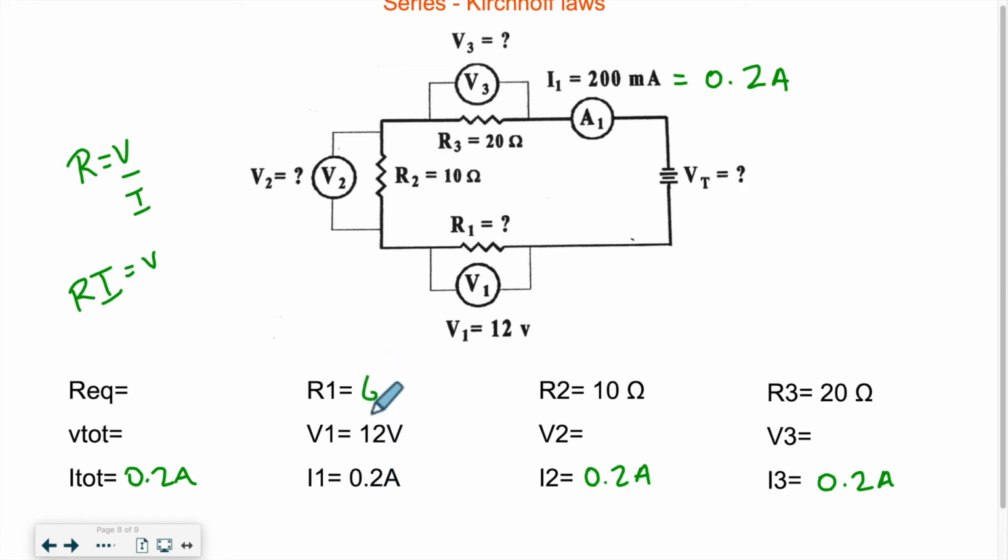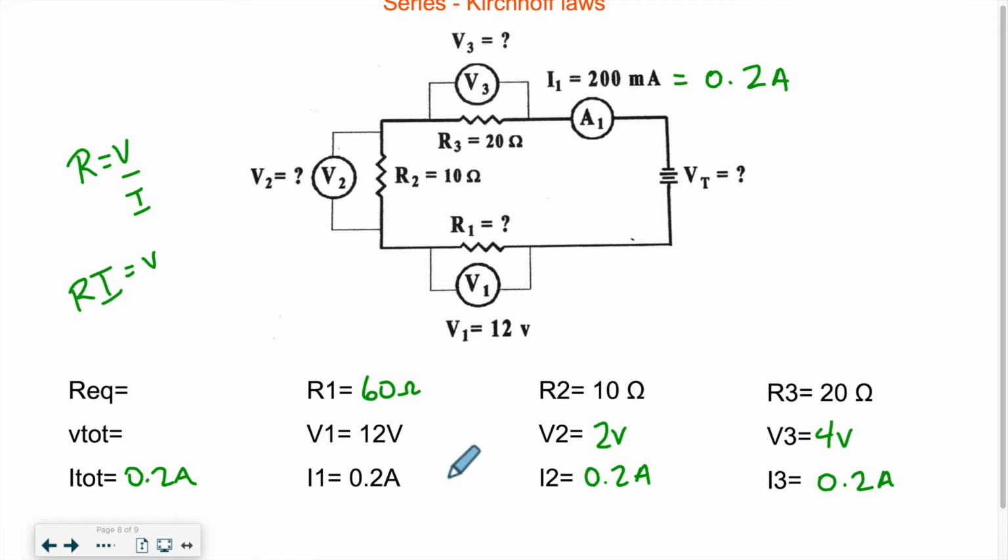That gives me 60 ohms. Over here I have V2. R times I will give me V2, and that gives me 2 volts. Here I'm missing the voltage, so 20 times 0.2 will give me 4 volts.